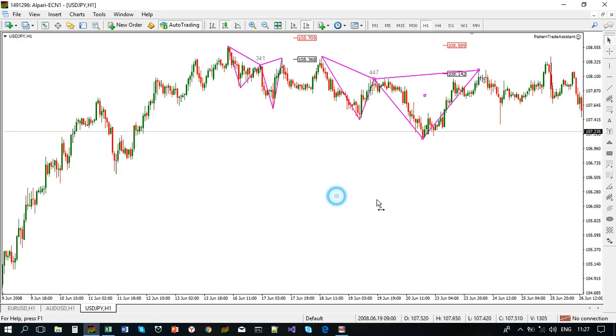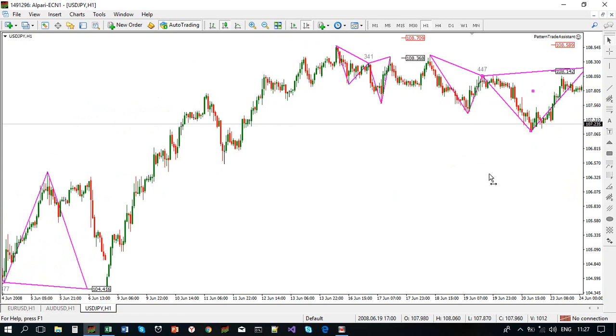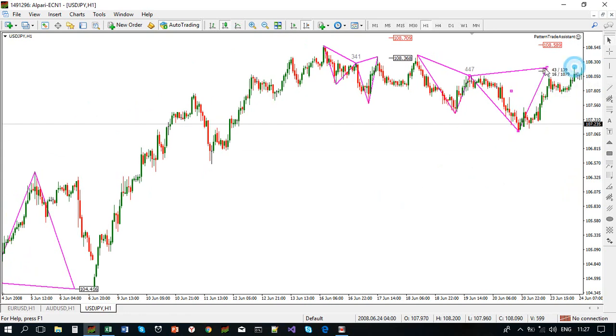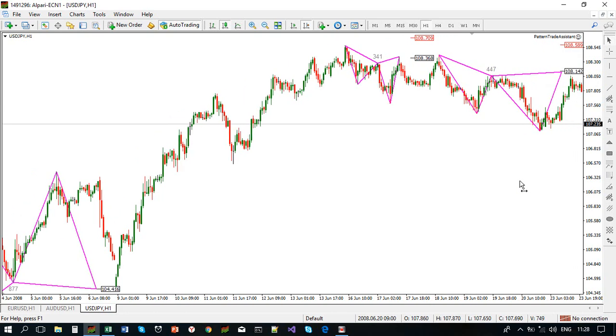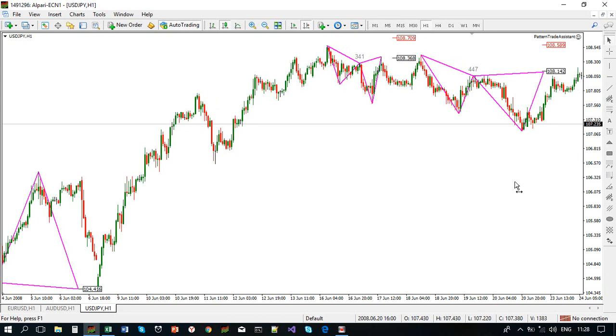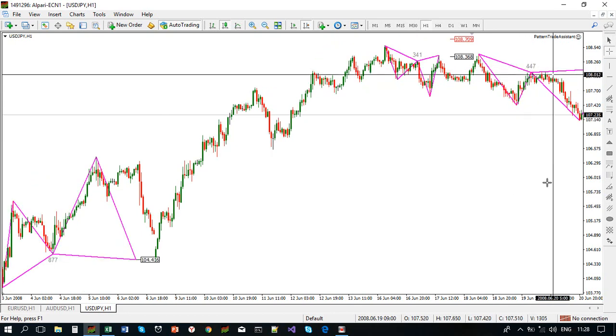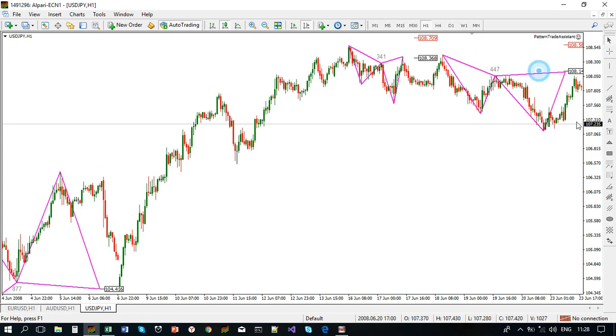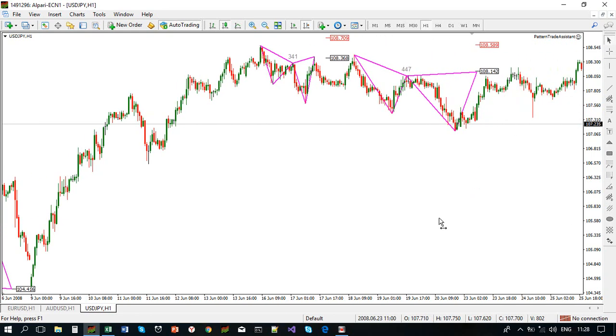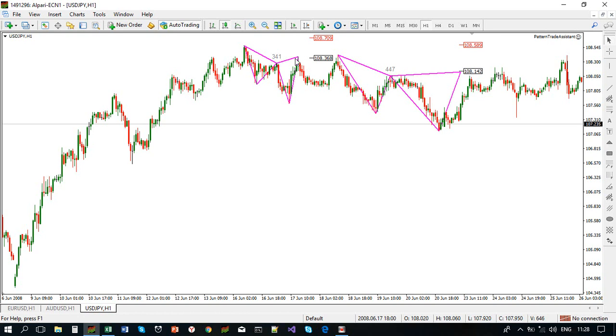In real-time trading, you never know if it will reverse. What you can do, you can draw your pattern this way, and as time goes by, price either hits your level or it does not hit your level. So if you see the patterns drawn this way on history, be careful, guys. Most likely it is a scam.